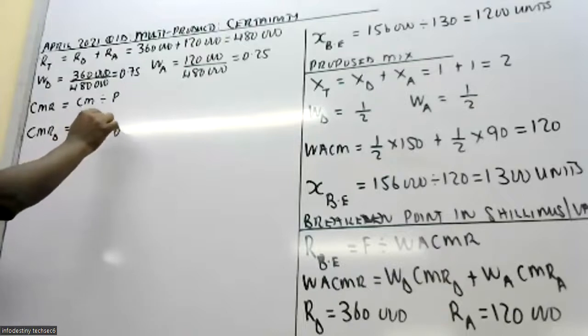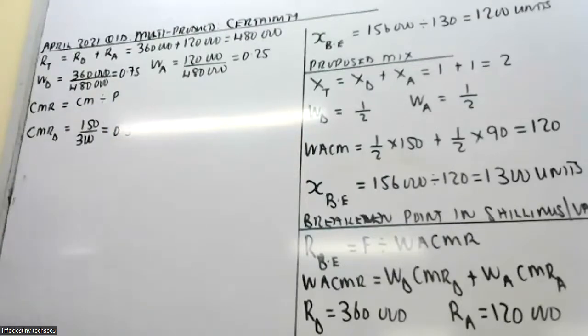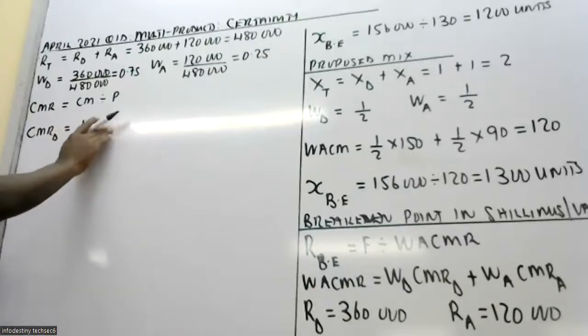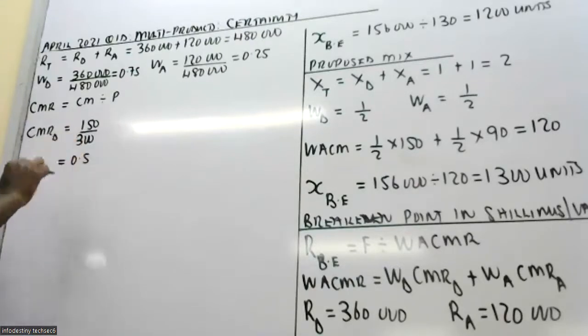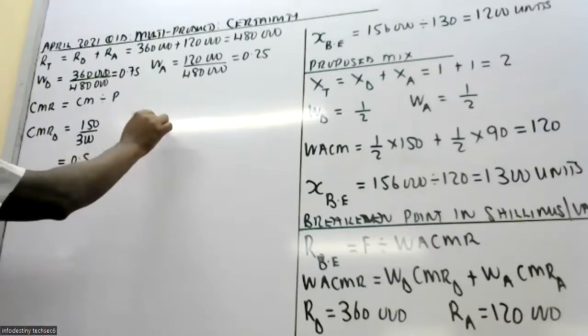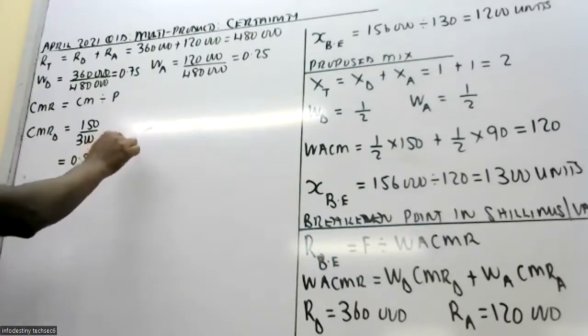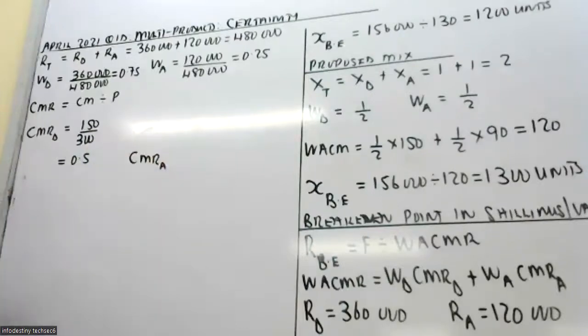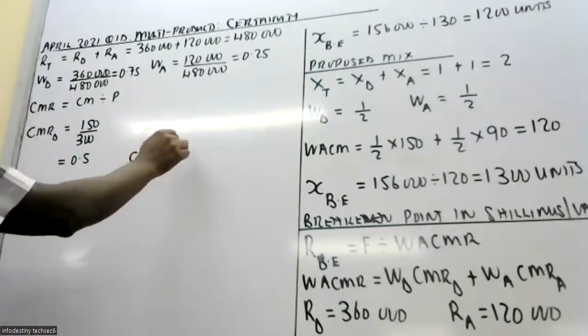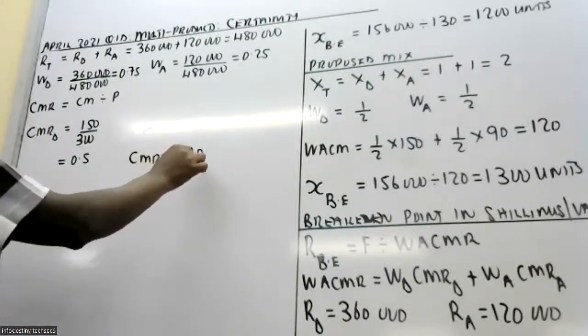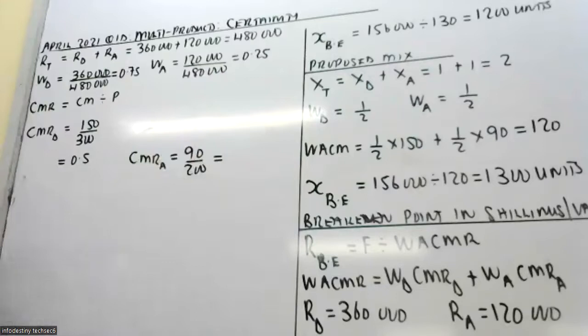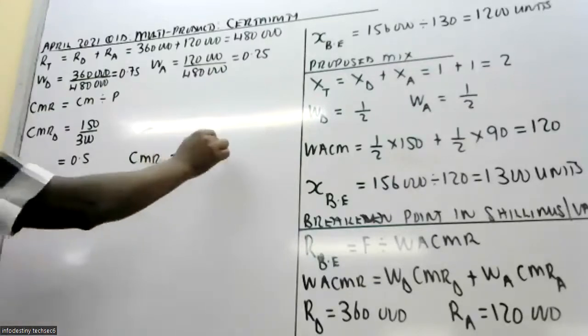So this gives us 0.5. Contribution margin ratio for A is 90 divided by the selling price of 200, which is 0.45.